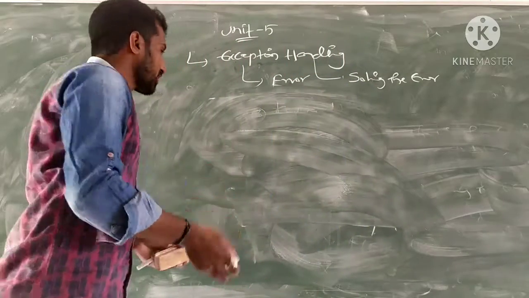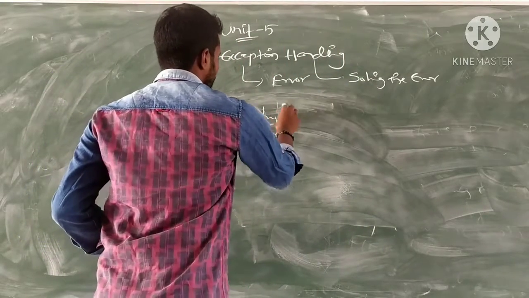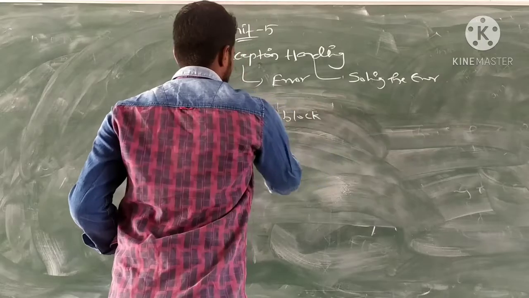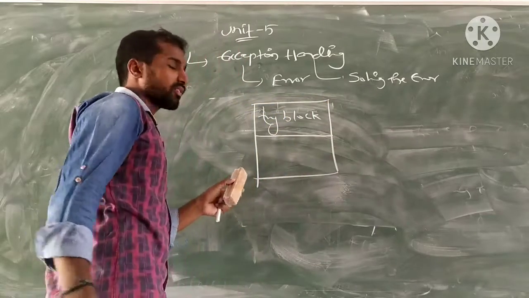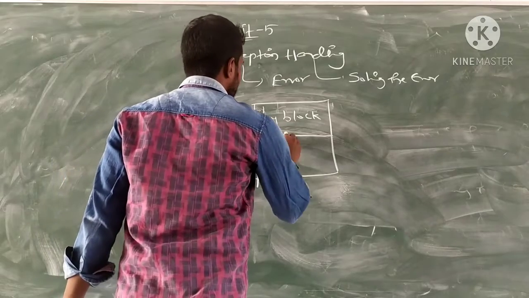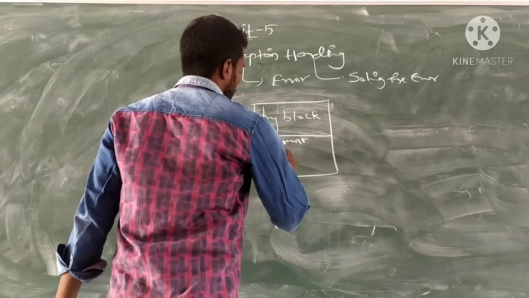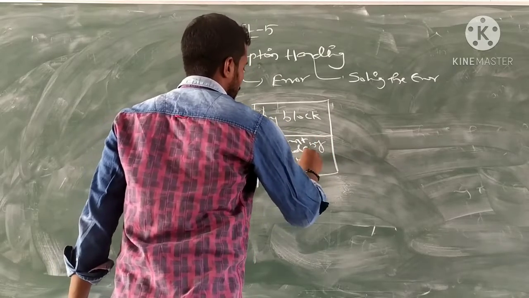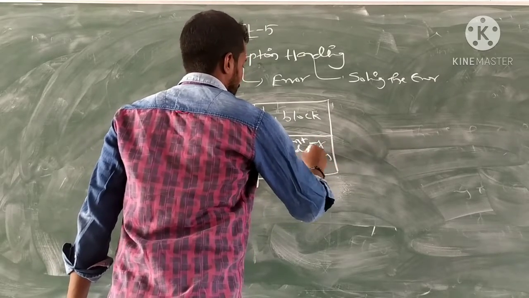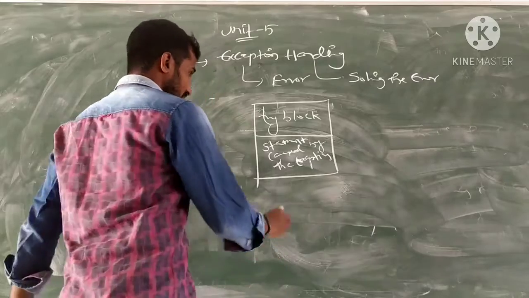Here is the basic representation of the try and catch block. Here we have the try block. In this try block we have the statements caused by the exception.